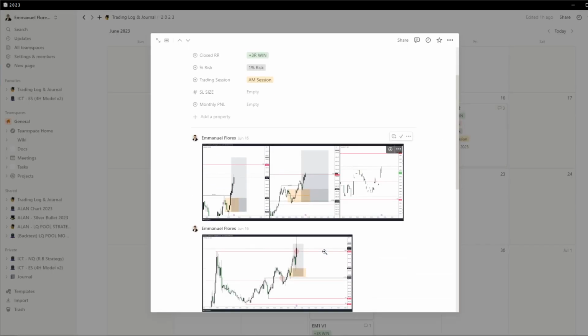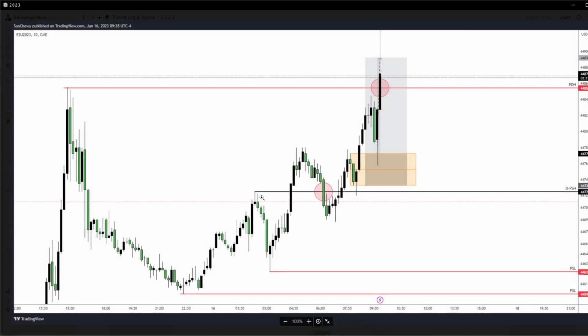Here's an EM1 V2. Instead of sweeping the previous session low as in EM1 V1, market sweeps a previous session high, returns, has a strong reaction, breaks the structure, 5-minute order block execution, trade towards the previous day high.